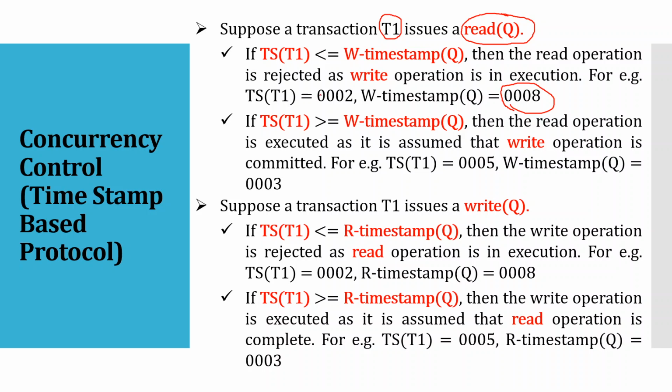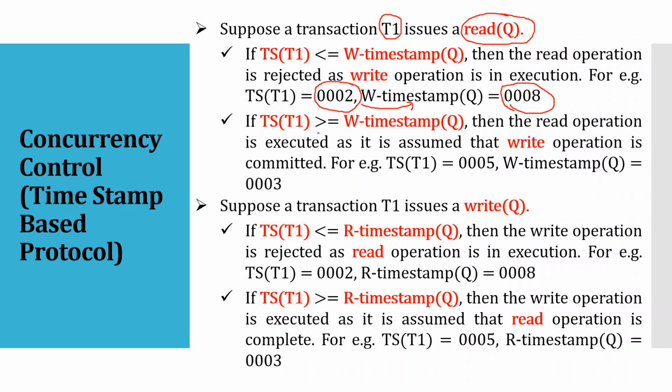In between, if another transaction is given a timestamp less than the W timestamp, then the read operation cannot be performed because the first transaction is already given a timestamp 8 that is larger. It means the write operation is already being executed. So you cannot read the data because you will get inconsistent data. Now go for the next condition.